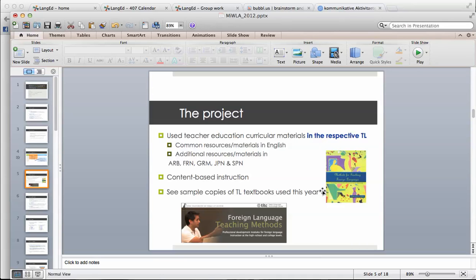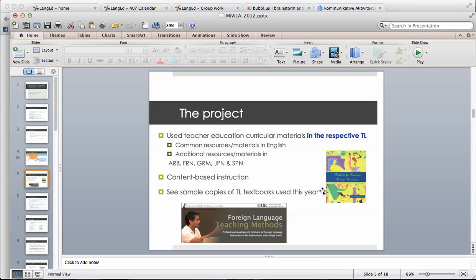So students would be given assignments to engage with those common English language texts. But then we also identified language teaching methods textbooks in each of the 6 languages that our students major in, and asked those students to buy those textbooks in terms of course adoption. And then we also found a number of other online and PDF and article type resources in all 6 languages.